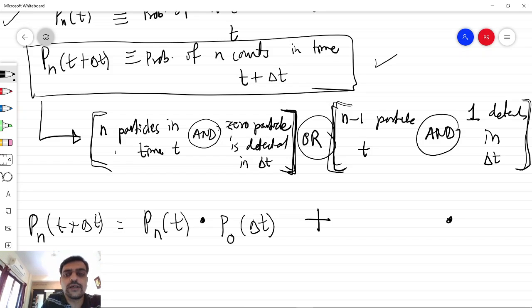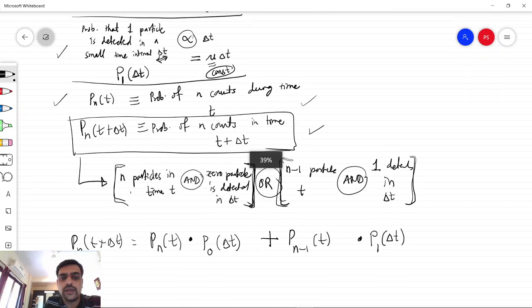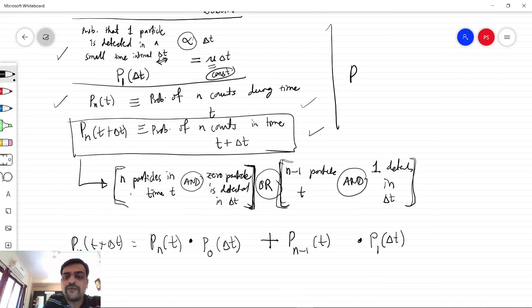We are just following the notation developed by us. Plus n minus 1 in t, which is P of n minus 1 t, into 1 in delta t, which is P of 1 delta t. Now we should note as well that P of 1 delta t is mu times delta t, that is the probability of getting one particle in delta t.